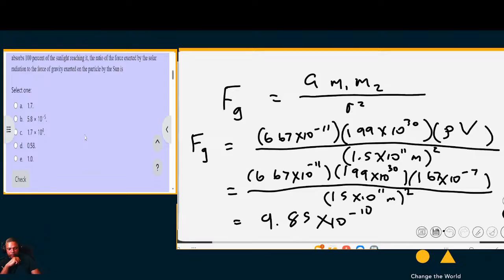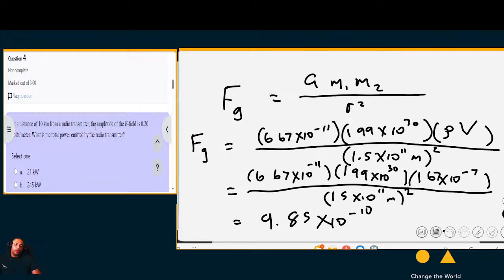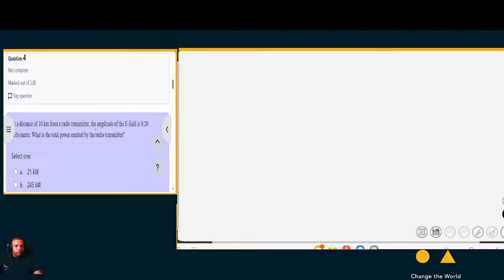Now if you were to find a ratio between those two as is, you will get a number that is not in one of those values. So let's go on to question number 4. I did not leave it out, I just did it the way I would do it, but I did not get the same answer. Okay, question number 4.